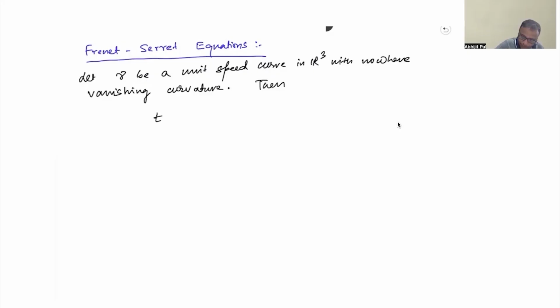T dot, where T is the unit tangent vector, is equal to k N, where k is the curvature.